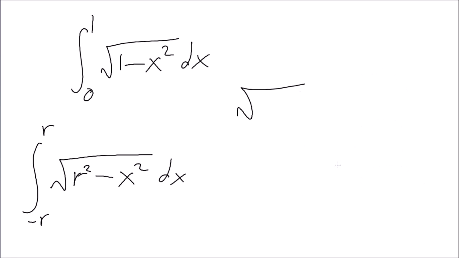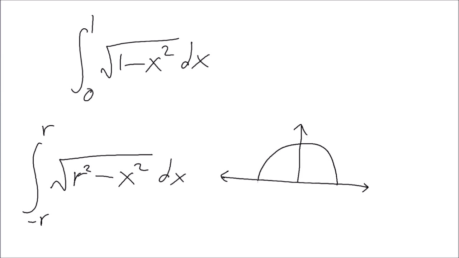So the reason why I brought this up is because now that this is r, this function looks like this. So it's a circle with the domain negative r to r, right? It has to be in this structure where r squared is inside the radical, and the bounds are the radius.